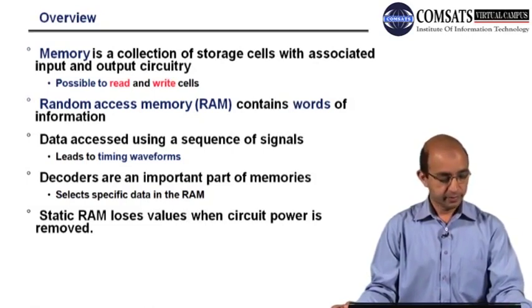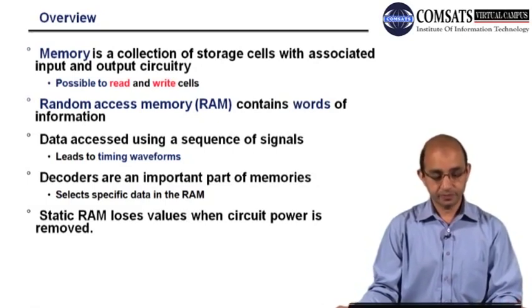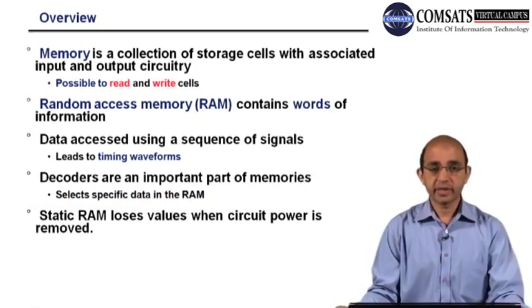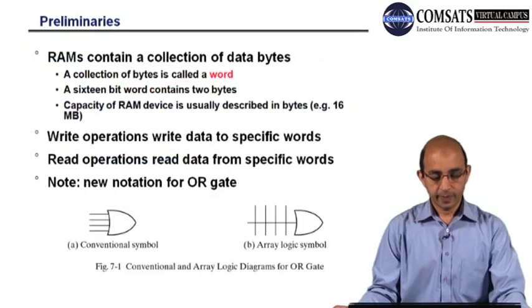We have two different types of RAM. One is static RAM, and the other is dynamic RAM, DRAM. Static RAM loses all its contents whenever we switch off the circuitry or computer. So these are the preliminaries regarding the RAM.